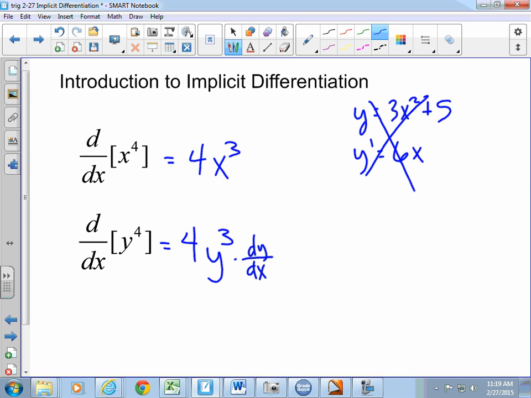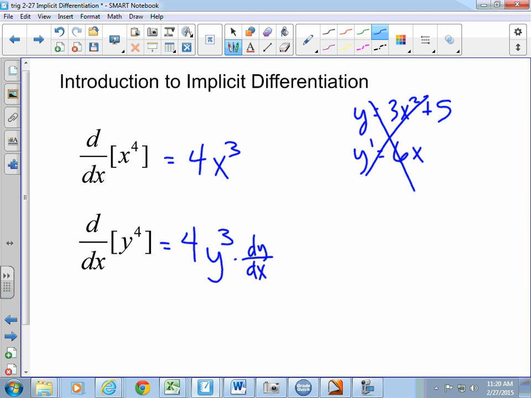This might be a bad question, but what is the difference between maybe the d over dx and the dy? This is the derivative of x to the fourth with respect to x. This is the derivative of y. So, this is what's called implicit differentiation. This d over dx is the derivative of x to the fourth with respect to x.